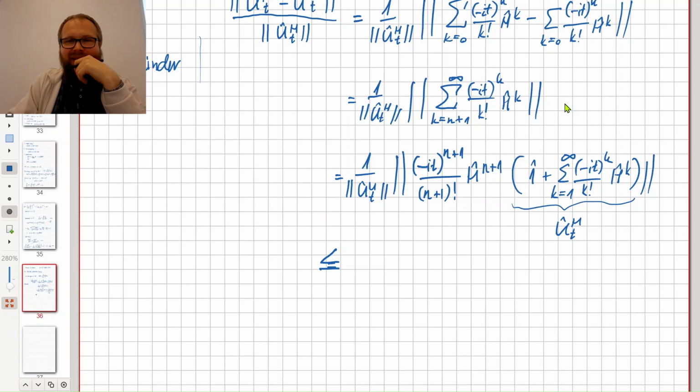In the under-brace part, the summation from k equal to n plus 2 to infinity. Because now you are starting from the very beginning. No, but I pulled out the powers. You put just one factor, right?